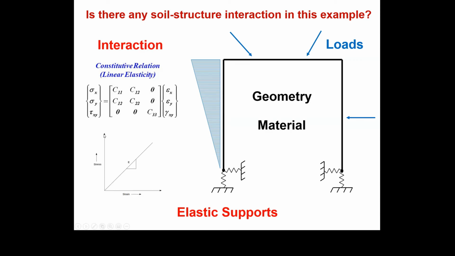The constitutive relation between the stresses and strains in the interaction is provided by these springs in two directions and expressed by this relation between these vectors and matrices, as you can see on the screen.